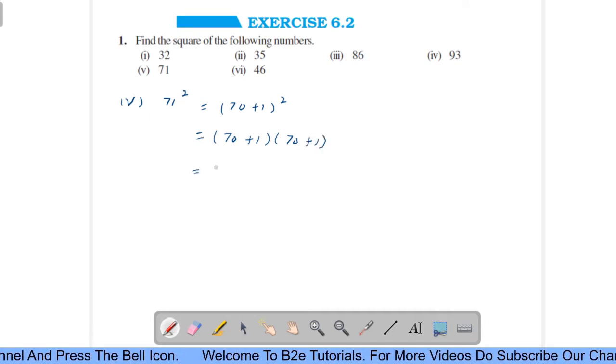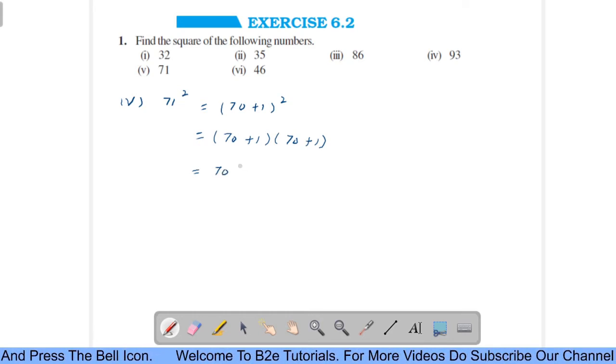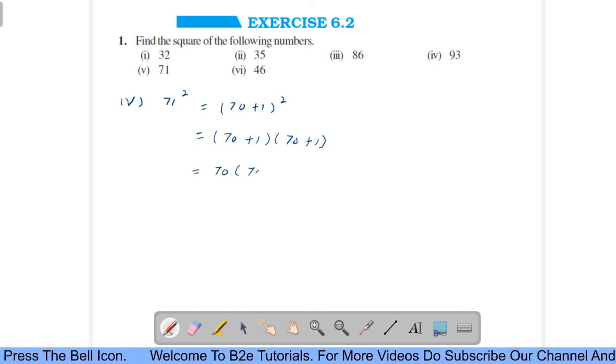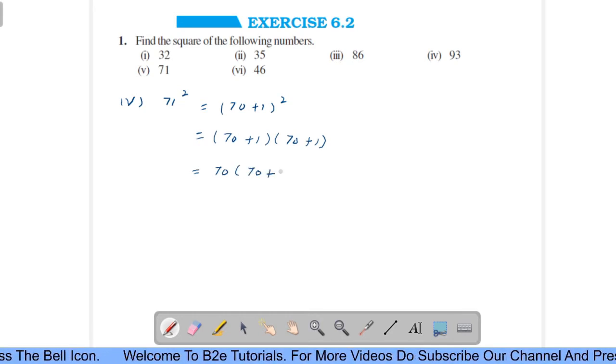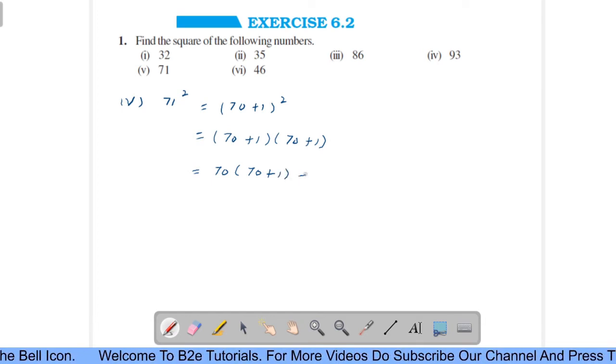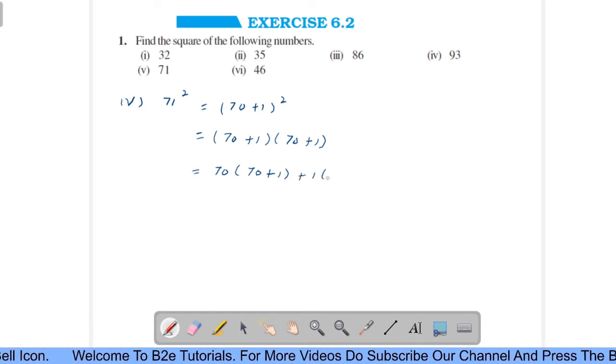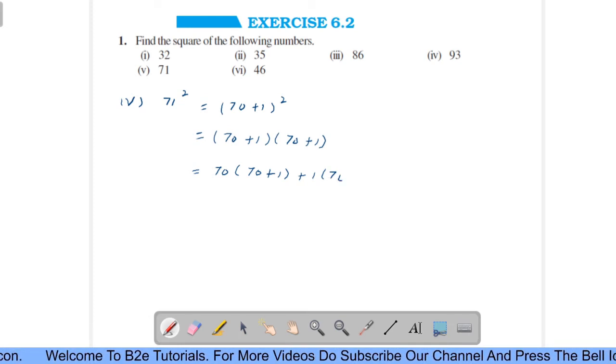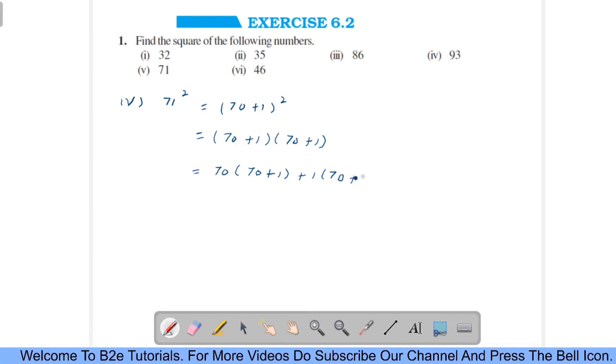Now open the bracket. 70 is multiplied by second bracket, that is 70 plus 1, plus 1. Again it is multiplied by second bracket, that is 70 plus 1.